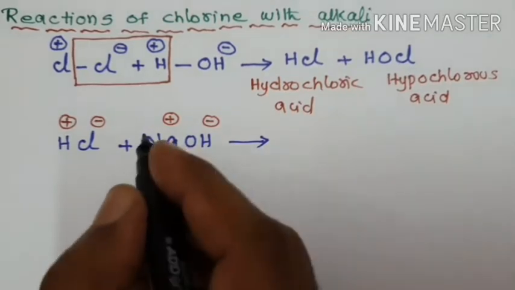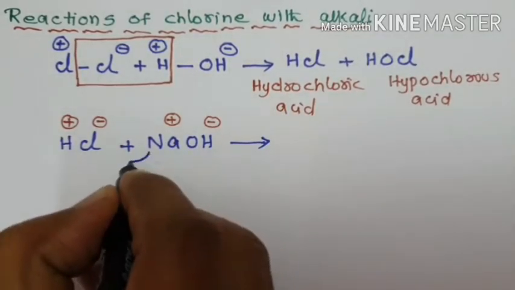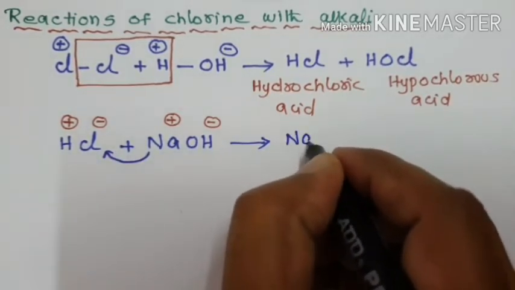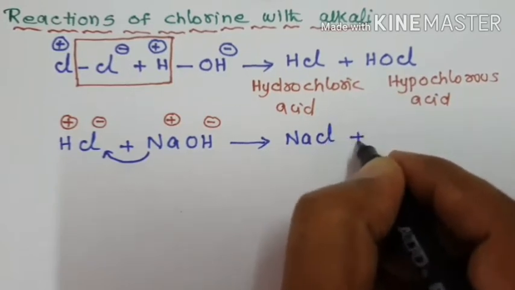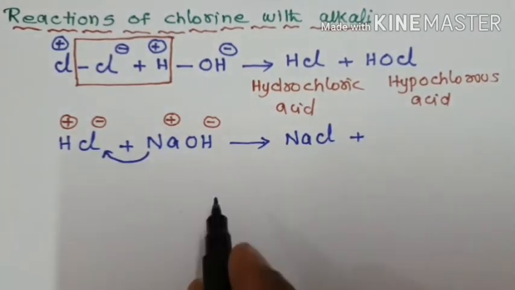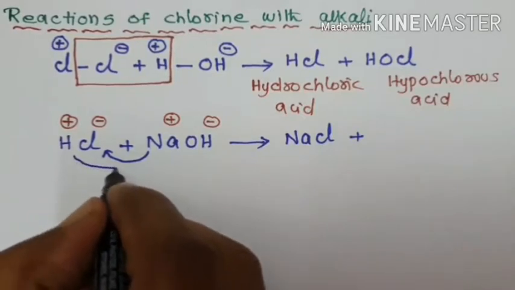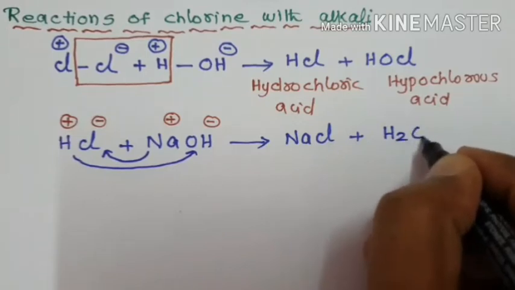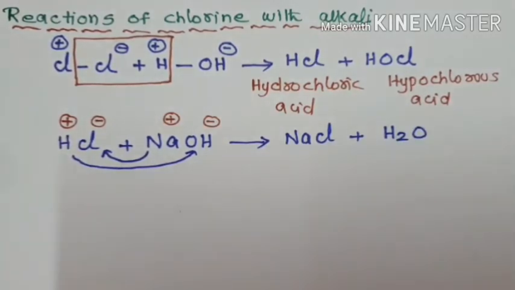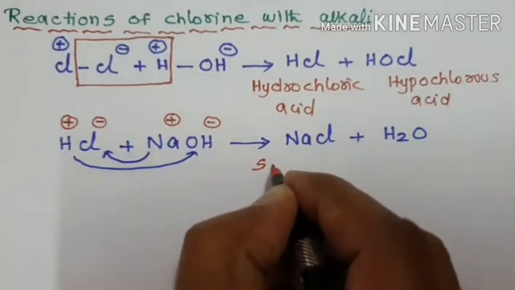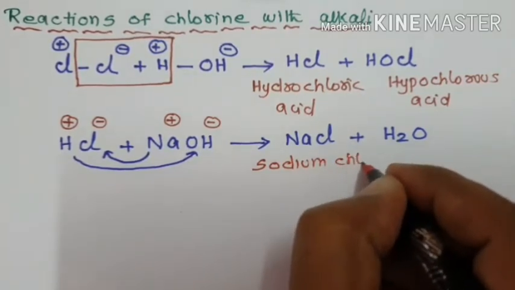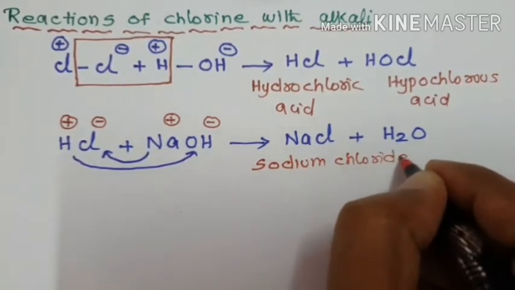Now, Na plus combines with Cl minus to form NaCl, sodium chloride, a known common salt, table salt. H plus combines with OH minus to form H2O, water molecule.